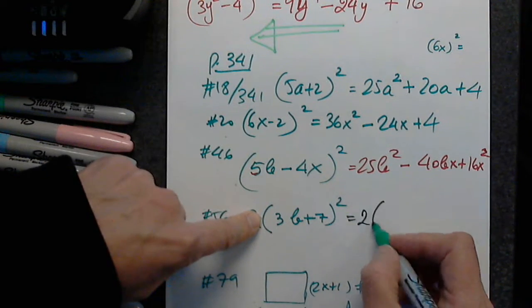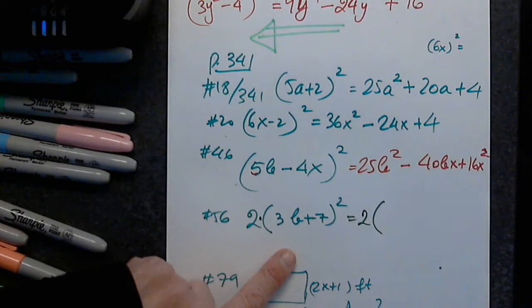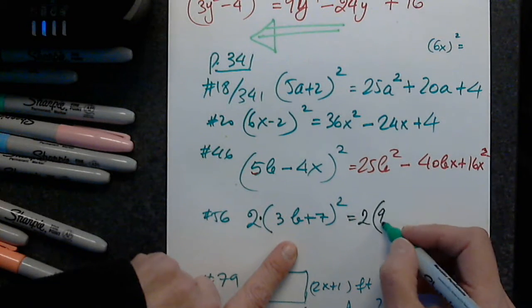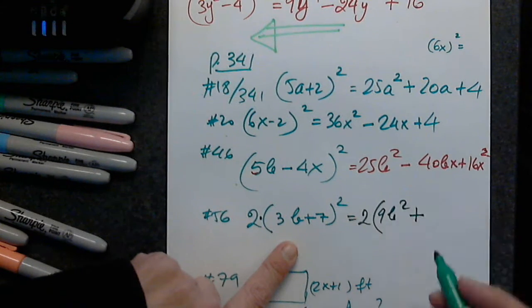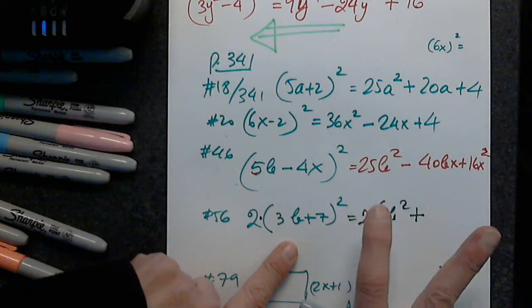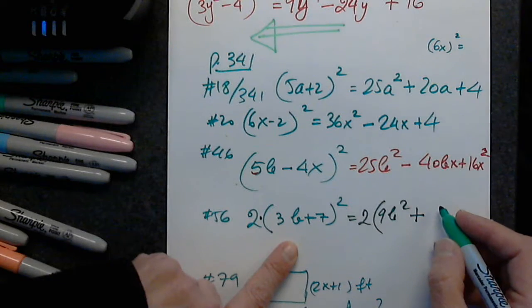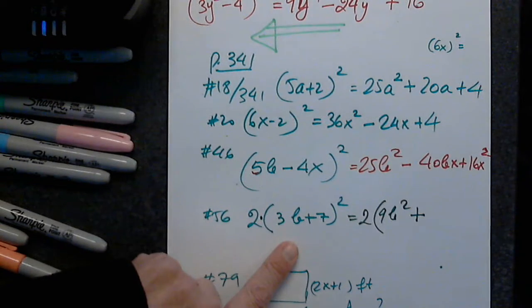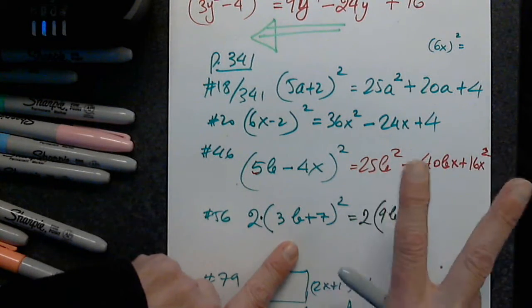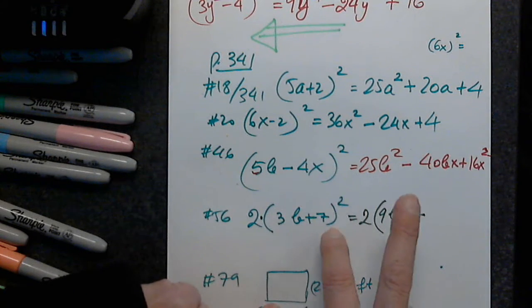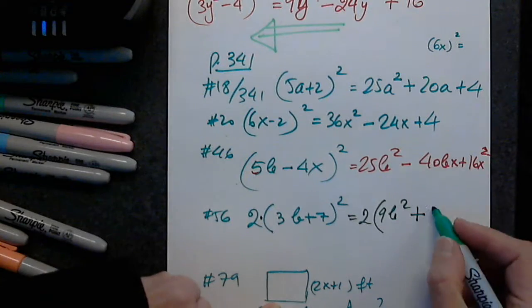Okay, so 2 multiplied by 9b squared plus 14. I didn't hear. 14. Or, excuse me, 7 times 7. Whatever that is. 2 times 3 is 6. Oh, shoot. 6 times 7 is 42.